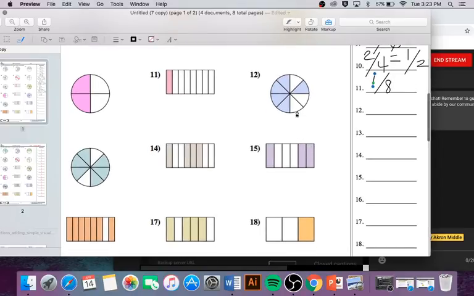Number 12, we have 1, 2, 3, 4, 5, 6, 7, 8 parts in a whole. And we have 1, 2, 3, 4, 5 parts shaded in. So our fraction is 5/8.